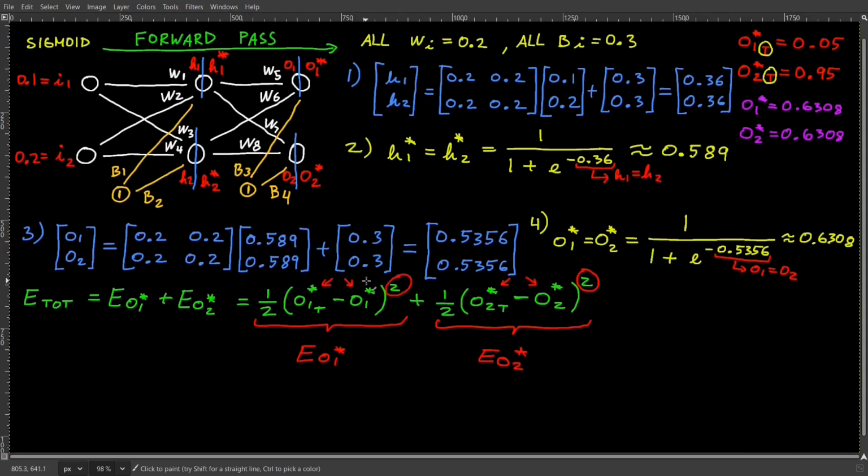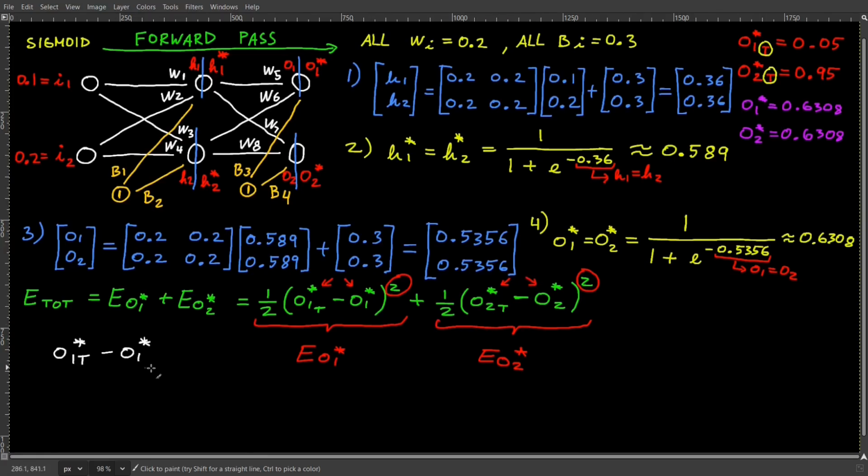The reason why I square them is because I don't care about the signs of these differences. In addition, when I square them, I will also make sure that both terms are positive and the errors in one term do not cancel the errors in the other term.